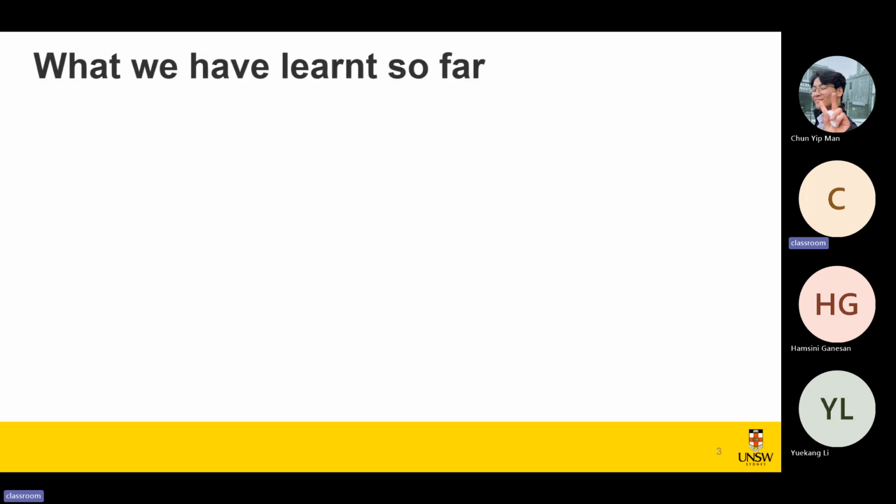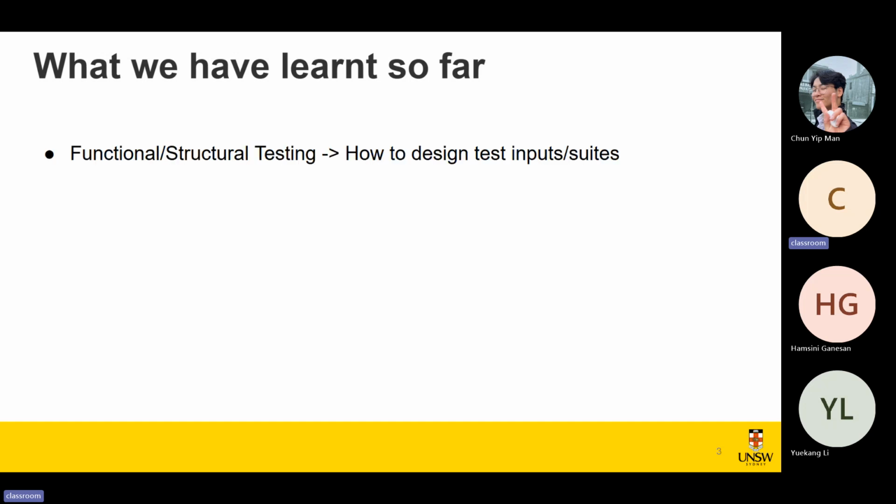Before we jump into today's topic, let's have a quick recap of what we have learned so far. In the previous 2 weeks, we learned functional testing and structural testing, which are both related to how we design test inputs or how we design a test suite.